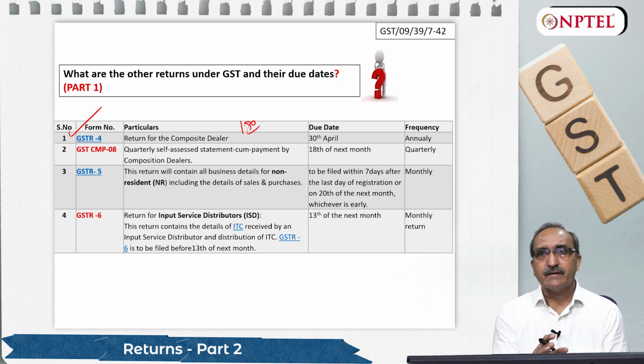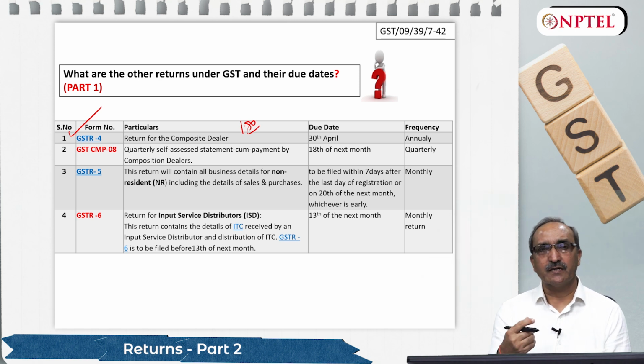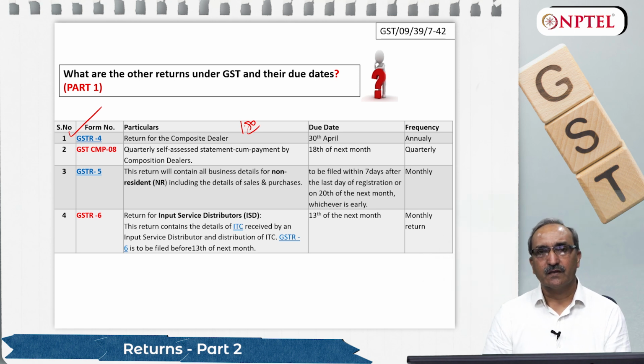So this man, the composite dealer, will not file return monthly, he will file return quarterly. On a quarterly basis, whatever is his total turnover, he will calculate his tax liability at the rate of 1%, 2%, 5%, whatever is the case, and will deposit it to the government.